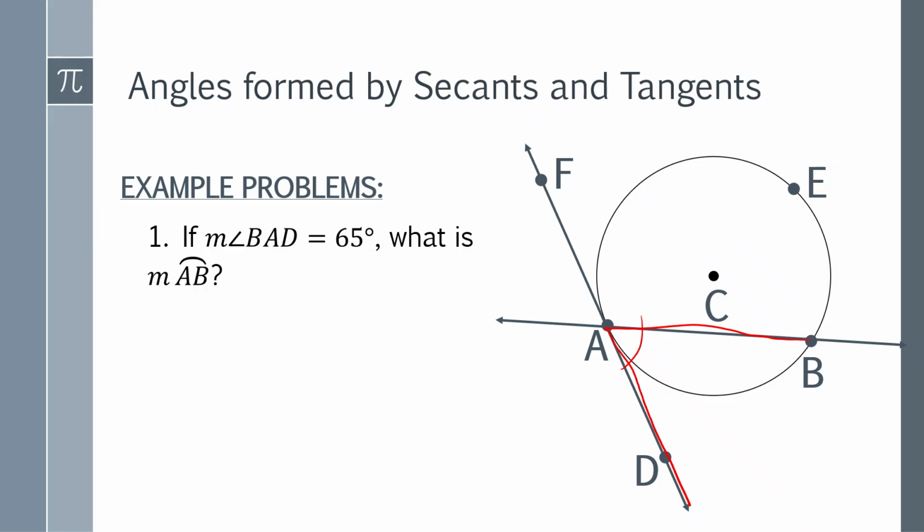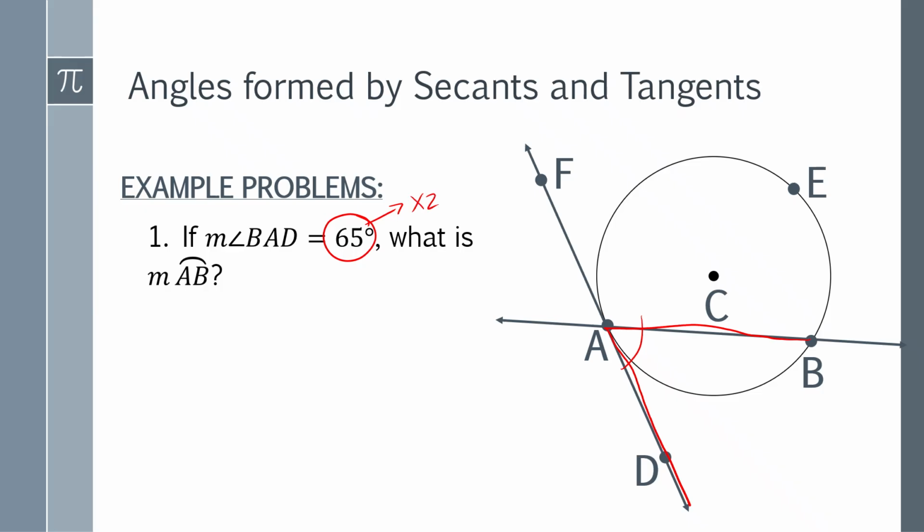With this figure, what we are going to do is solve for the measure of arc AB. Remember, if there's a given angle and you are asked to find the measure of the arc, you have to multiply it by 2 always.